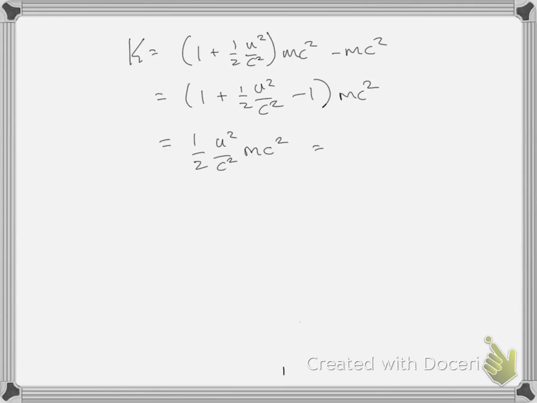The c squareds cancel, and we've got 1/2 mu squared. Check. The kinetic energy simplifies to 1/2 mv squared, or mu squared, when u is much, much less than c, so that we can go to the first order in the binomial expansion.